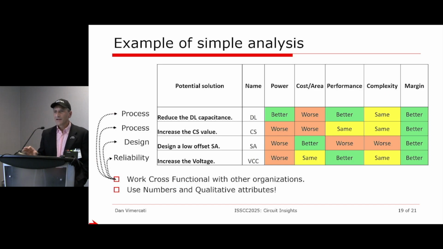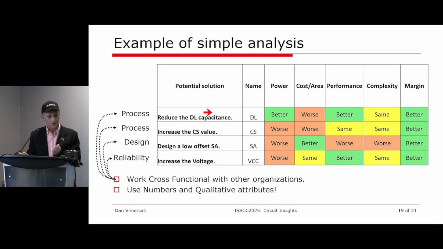Okay, so let's try to make an example of how to analyze your solution. Say that you said, reduce the digital line capacitance. That works, and here there is a table that tries to show pros and cons of each possible solution that we listed before. It is just a qualitative assessment in this case. I don't have numbers, but it is something.